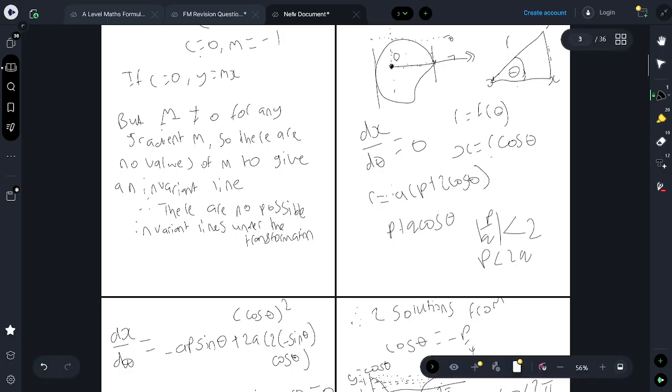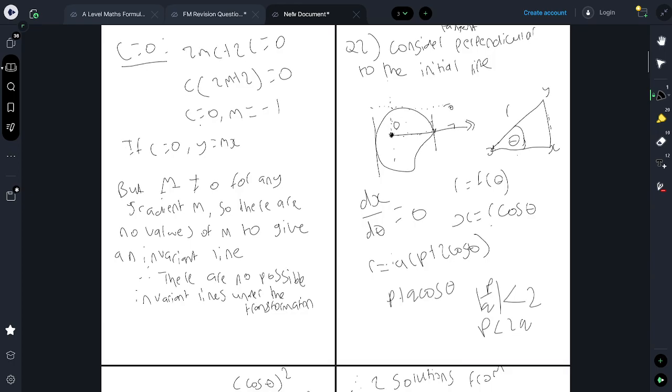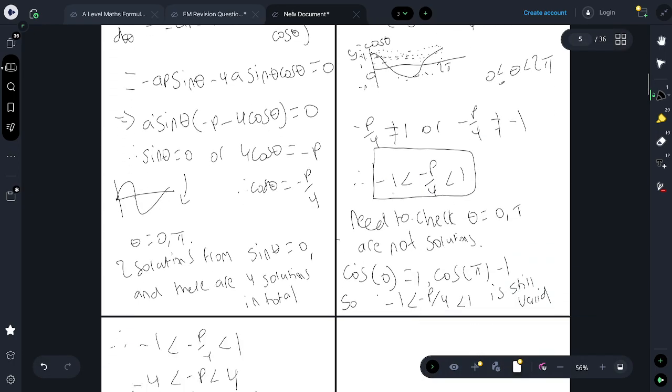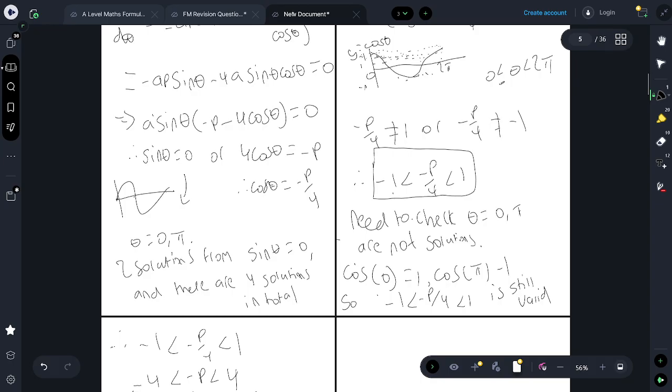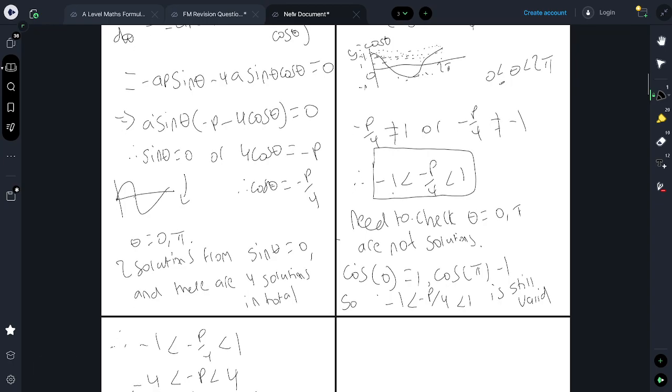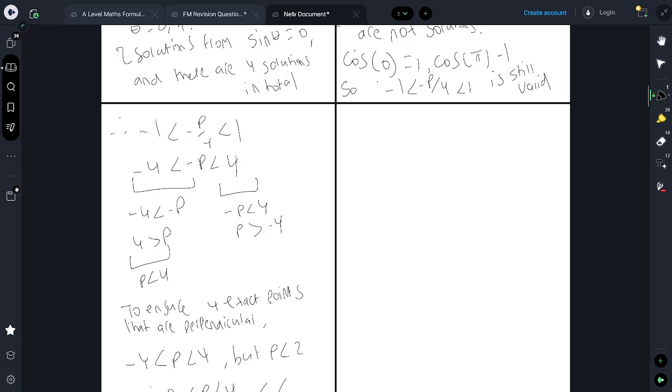That's reminiscent because it's essentially considering when there are three tangents to the perpendicular. So you need to consider dx by d theta is 0, and you get this case of cos theta being minus p over 4, or 2, can't remember. It's the exact same reasoning and follows the same type of proof in the textbook that you need to learn. But that's how you go through this anyway.